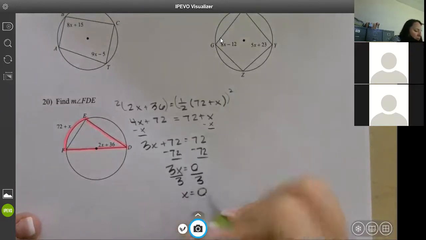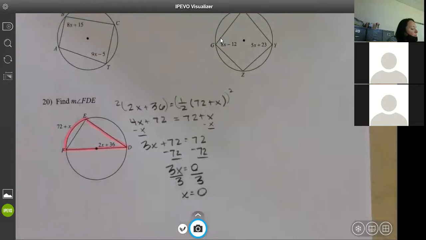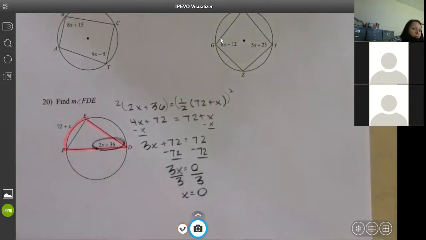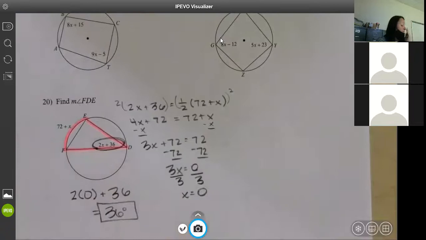We divide by 3 and we get x equals 0. But it doesn't want x, it wants FDE, which is this angle right here. So I'm going to plug that in. 2 times 0 plus 36 gives us what? That's all you're doing.